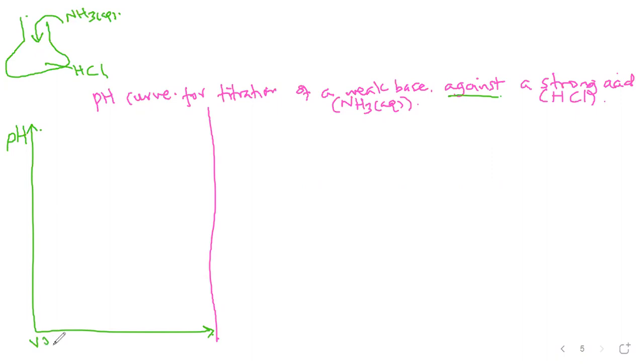So what is being added? We shall say volume of ammonia solution. Don't say ammonia just. If it is another base like ethylamine, don't say ethylamine just. You must add the word solution.